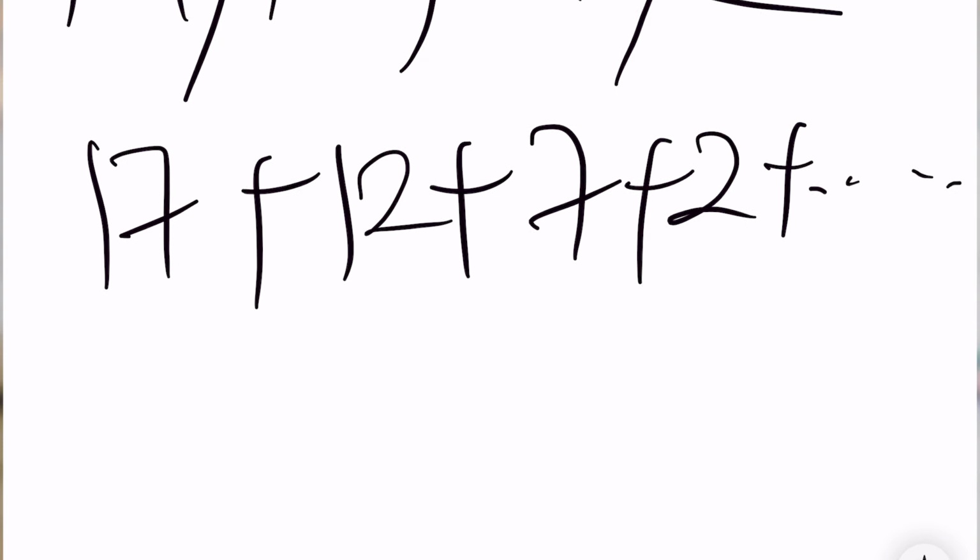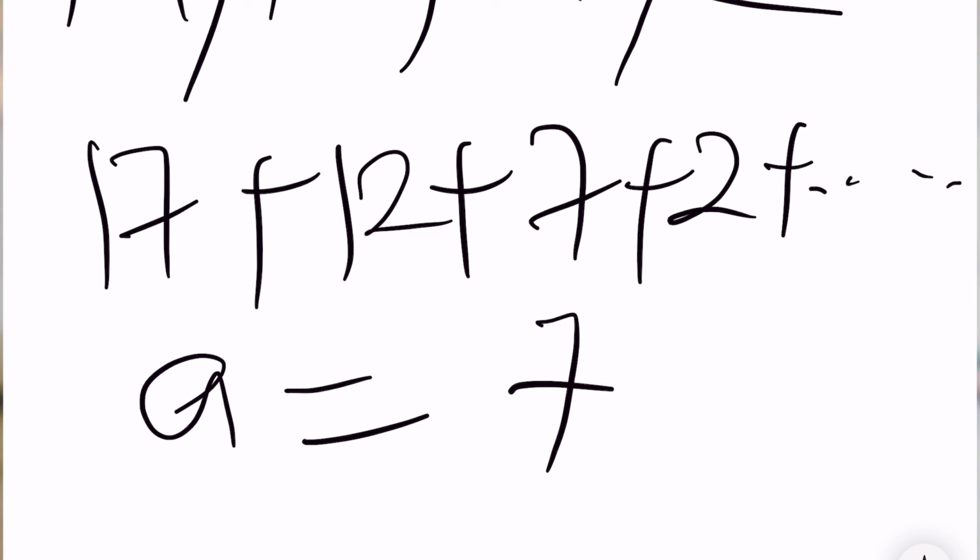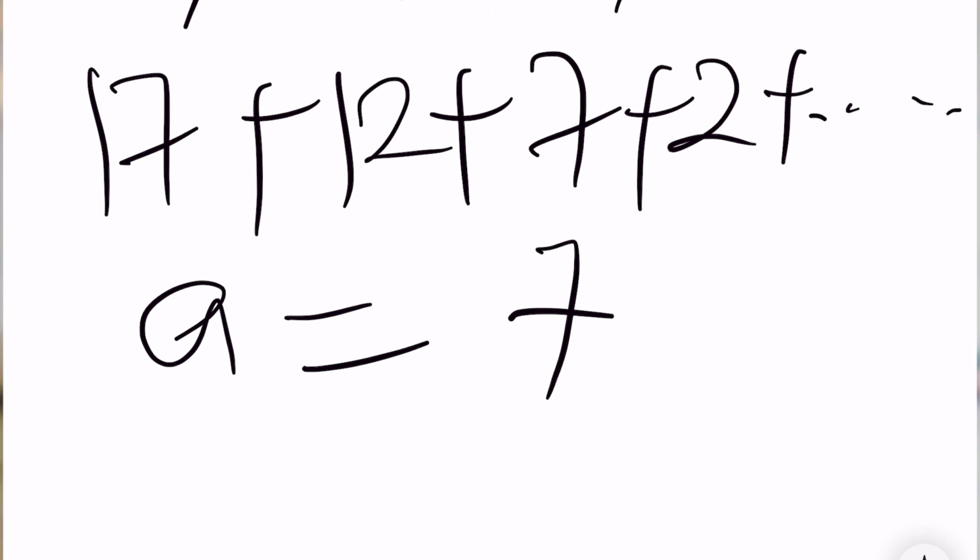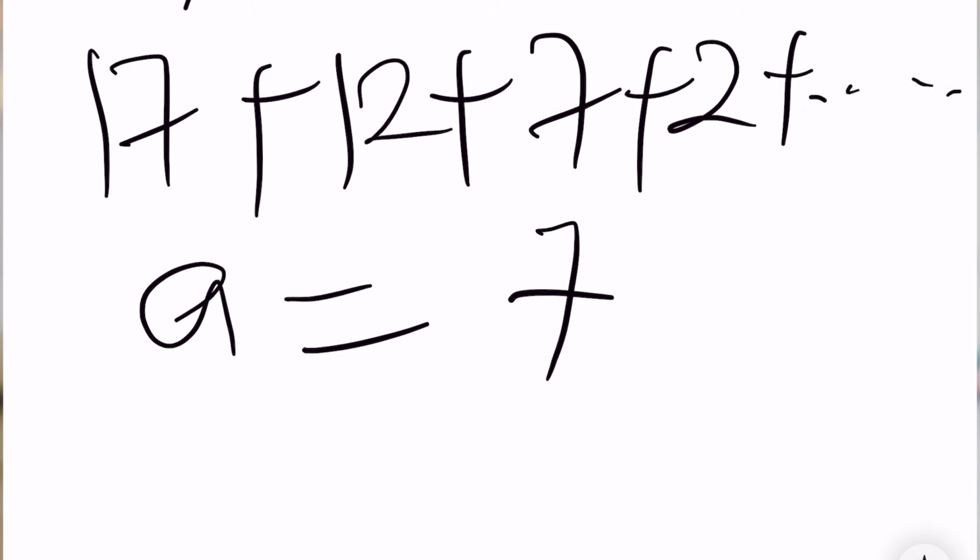Now, our first number is 17, so we have our a to be 17, and d is our common difference. What is our common difference? Our common difference is 5, which means it is decreasing by 5.